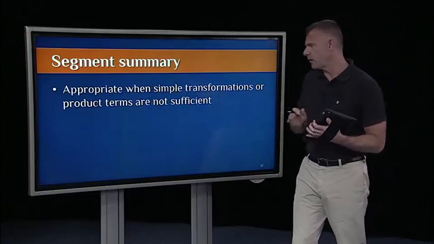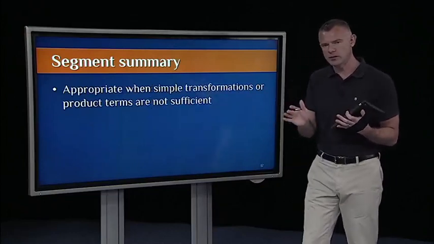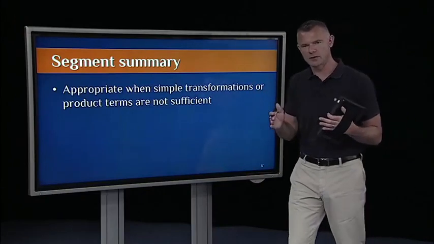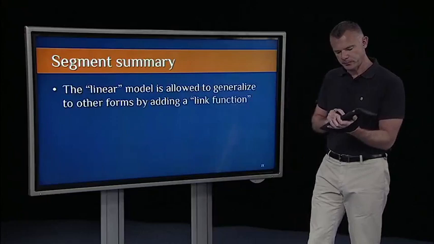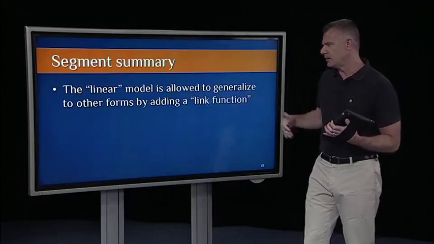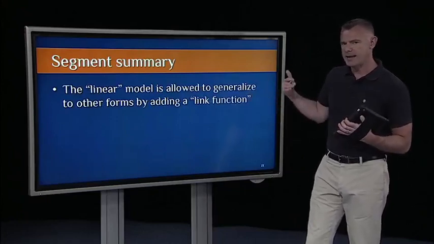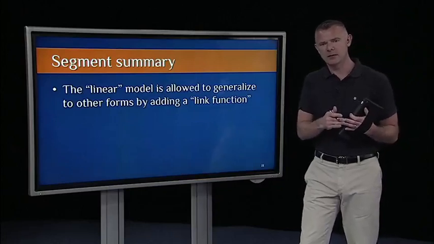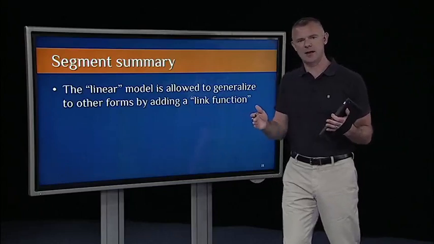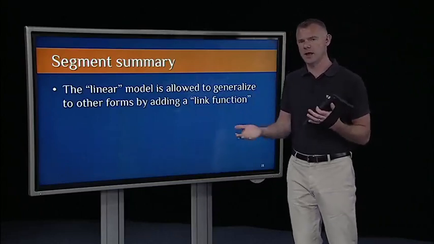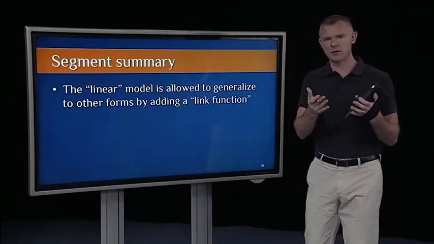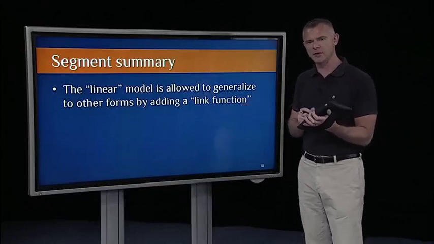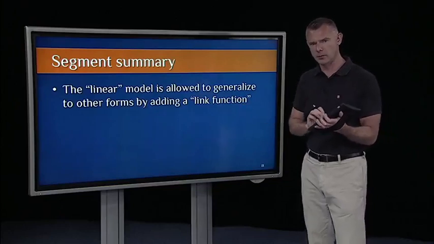It's appropriate when simple transformations don't get us past those violations of assumptions. And the key is that by adding in this link function, we're able to extend the linear model to any other kind of model, logistic or any other kind of function we want, by adding this link function to the left-hand side of the regression equation.